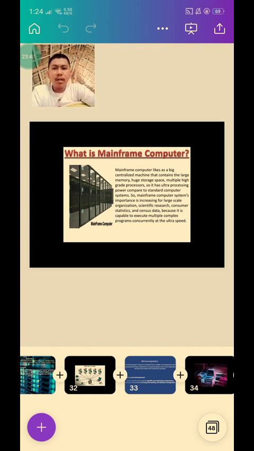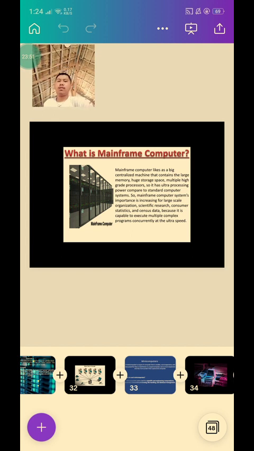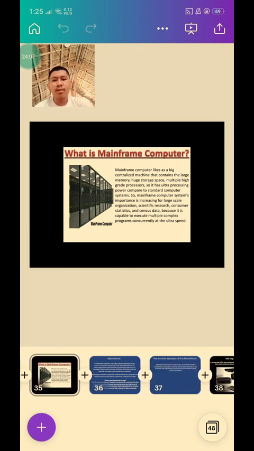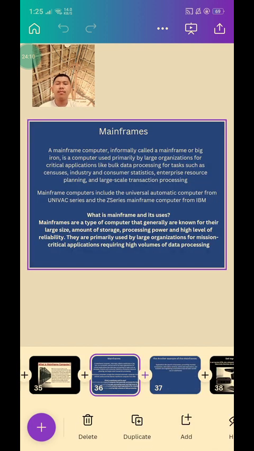Yan daw po ang mainframe computers. Mainframe computers include the Universal Automatic Computers from the UNIVAC series and the series of mainframe computers from IBM.